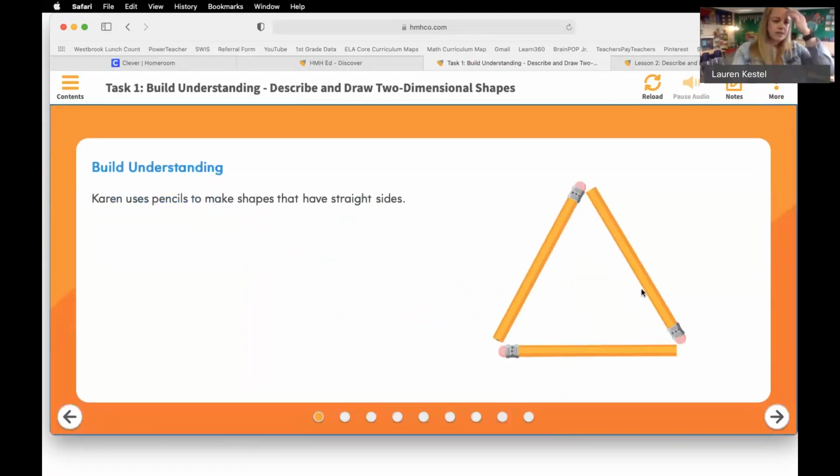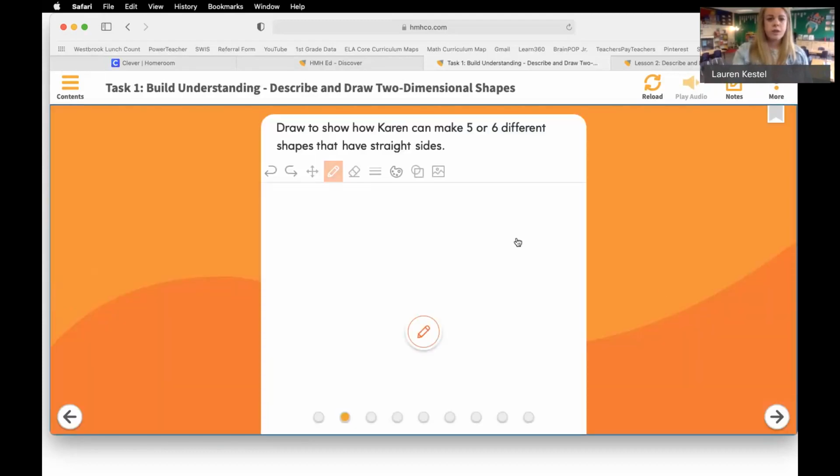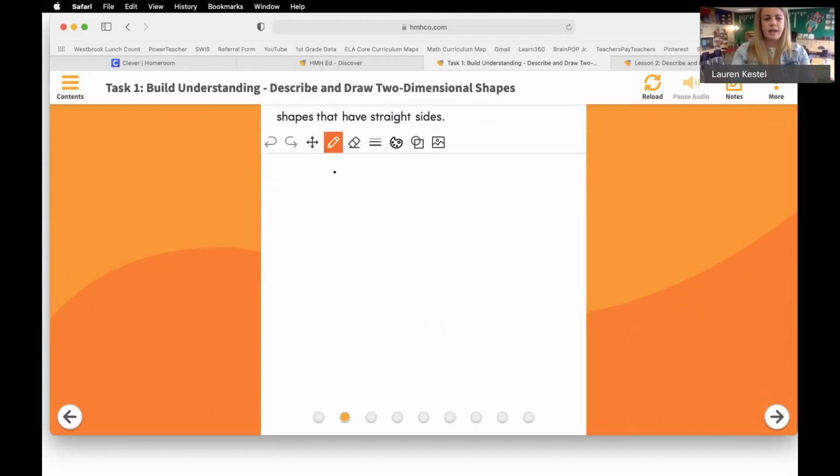Karen uses pencils to make shapes that have straight sides. Let's draw to show how Karen can make 5 or 6 different shapes that have straight sides. So I know, like it showed us in that last picture, that a triangle has straight sides.